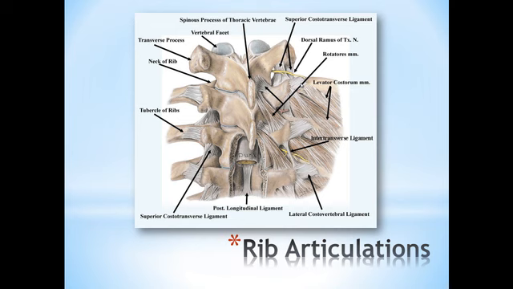Those joints are primarily synchondroses. So the joints of 1, 6, and 7 are synchondroses. The costosternal joints of 2 through 5 are synovial joints. So we have a couple of different types of joint articulations.